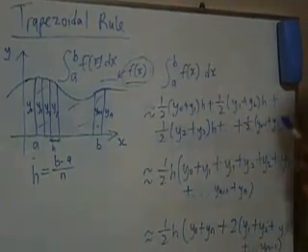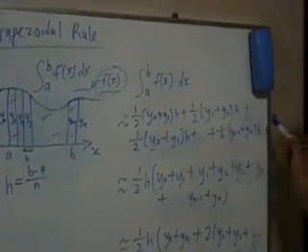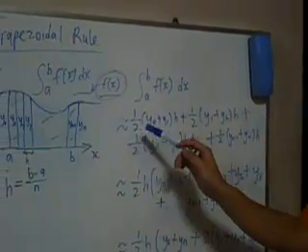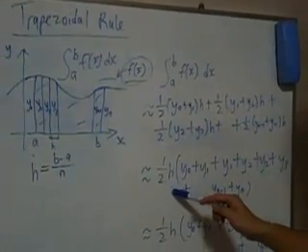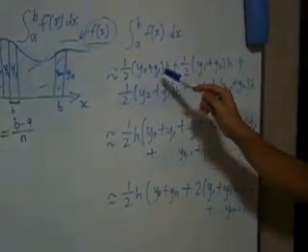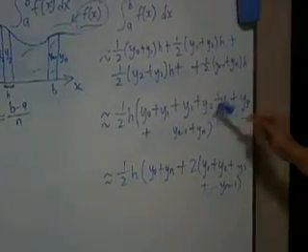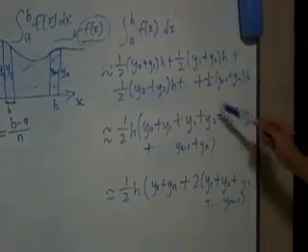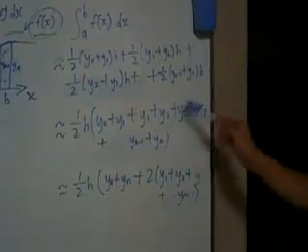After doing all this, you need to take out a common factor. The common factor is half and h. Then you take everything out from here, which is (y0 plus y1), (y1 plus y2), (y2 plus y3), and so on until (yn minus 1 plus yn).